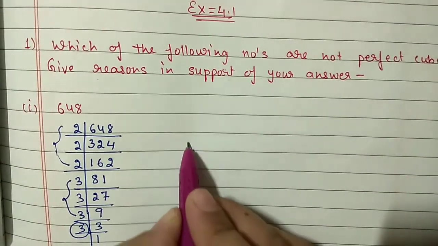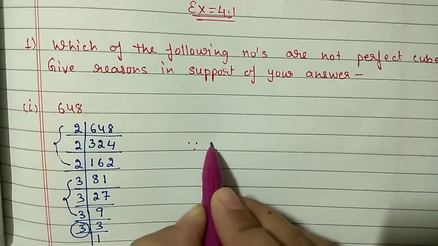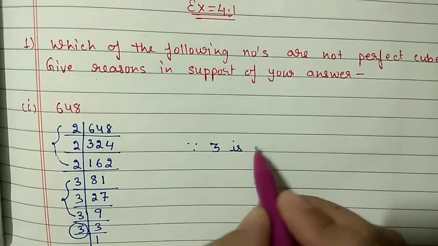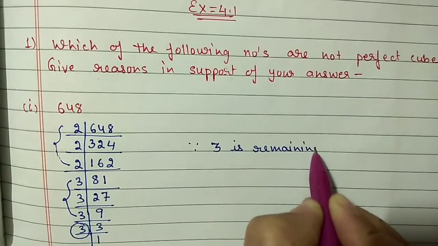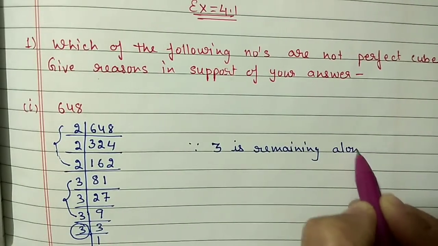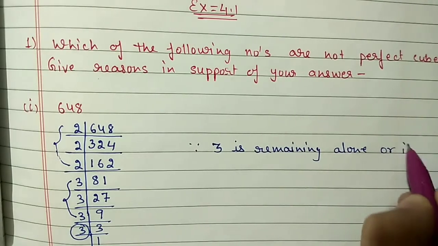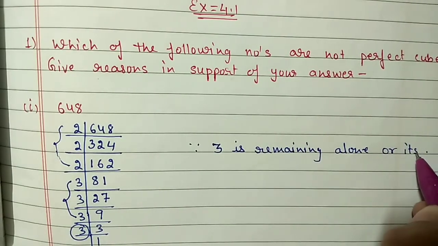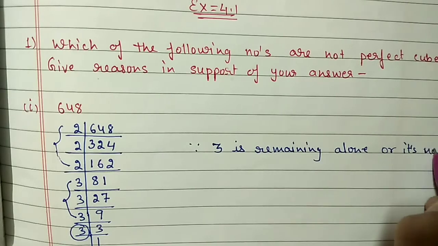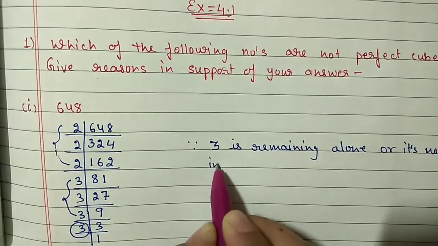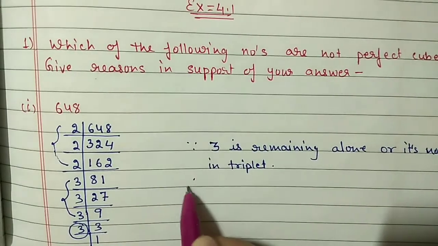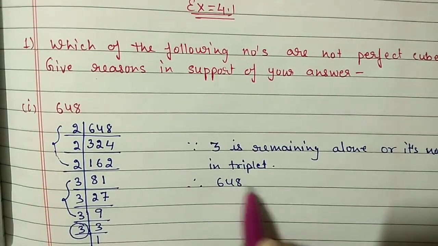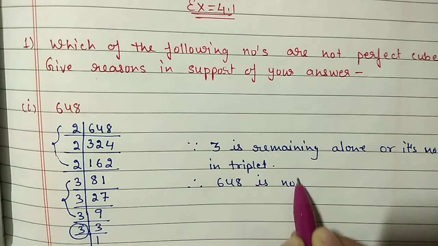So we can write here, because 3 is remaining alone, or it is not in a triplet, therefore 648 is not a perfect cube.